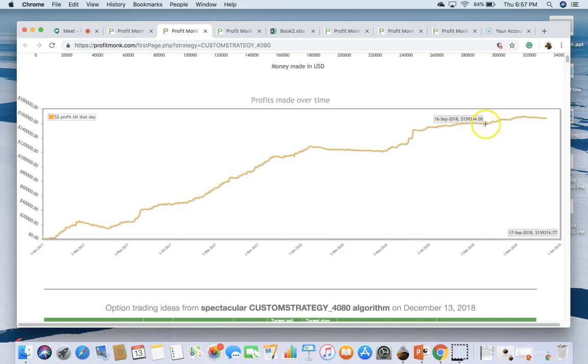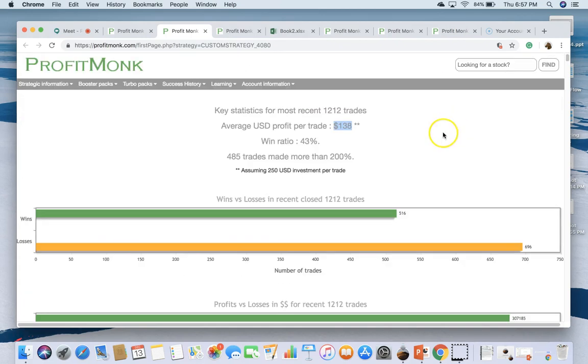I'm specifically focusing on the time period from 20th September to now because it's very fresh in our minds. 20th September is when the market peaked, 2018, and at that point your profit would have been around 160,000 if we had started counting from January of last year. And now you are at 167.